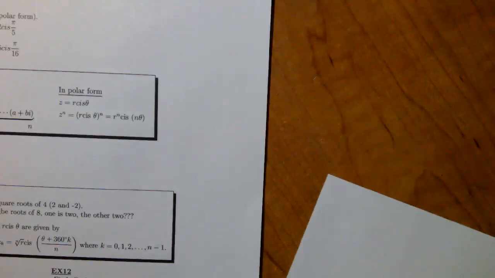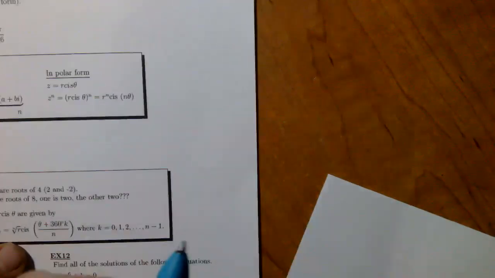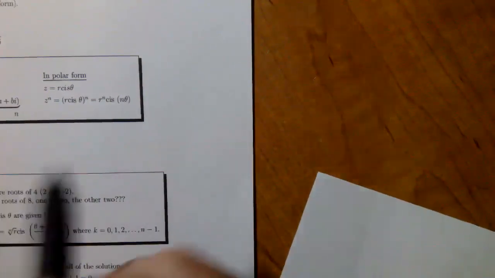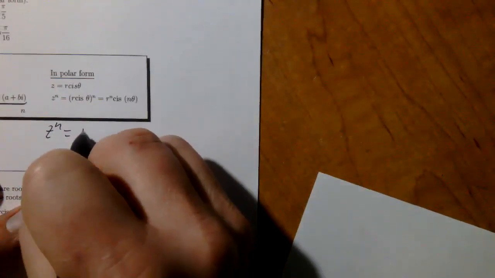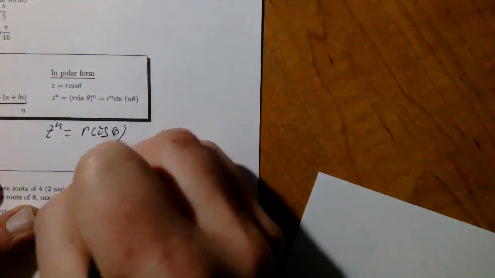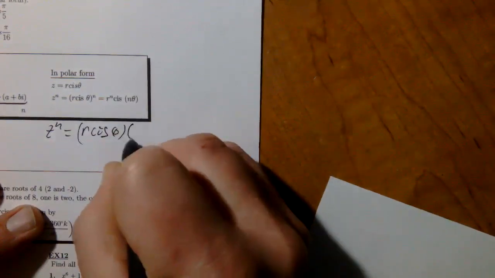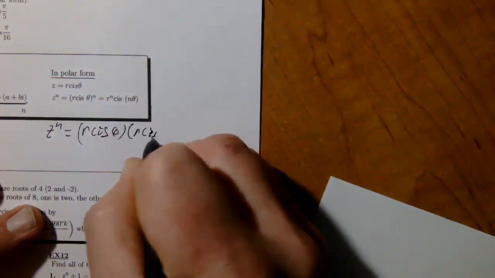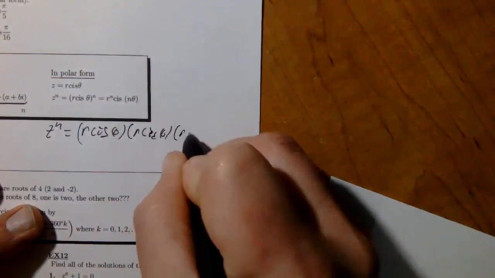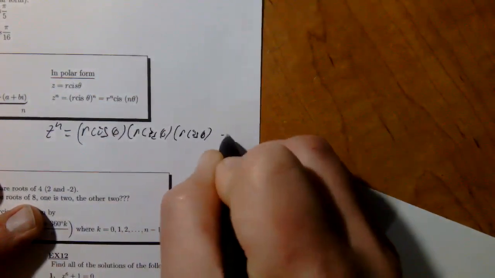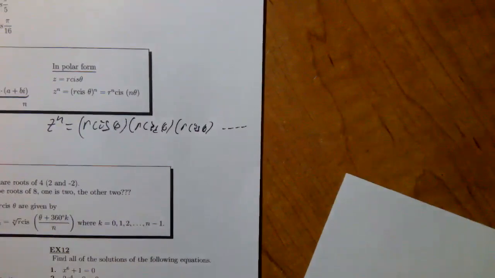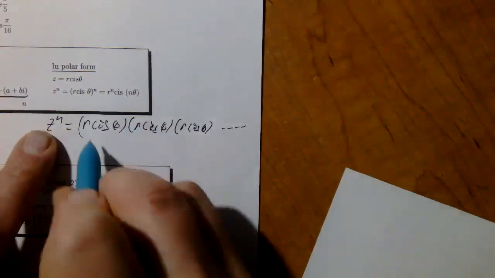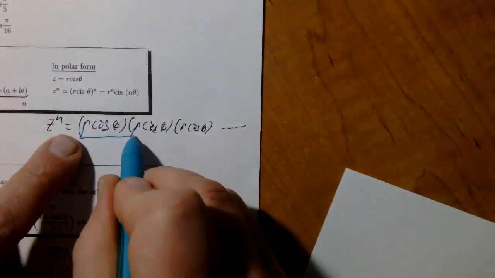I probably should have put that on there, but one thing that you might want to think of, okay, let's do this. You can think of this as r cis theta, right? And then you're multiplying by another r cis theta, and then you're going to multiply by another r cis theta, and you keep doing this. So my point is if you're multiplying these two together, then this would just be r squared.